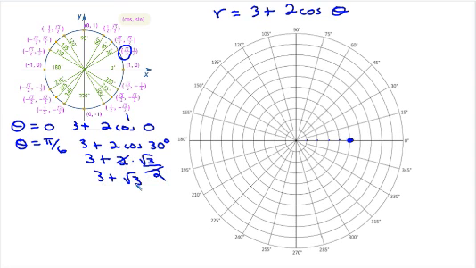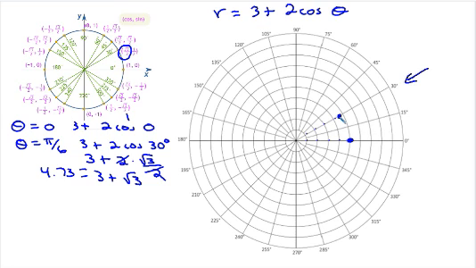If we refer to our calculator, 3 plus the square root of 3 is approximately 4.73. So now on my graph, I use my 30-degree line, and I come up 1, 2, 3, 4, and here's 4. 4.73 is probably about right there.